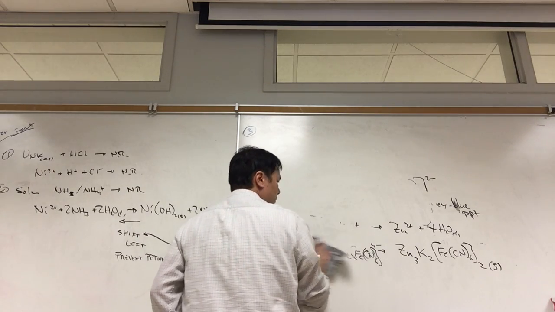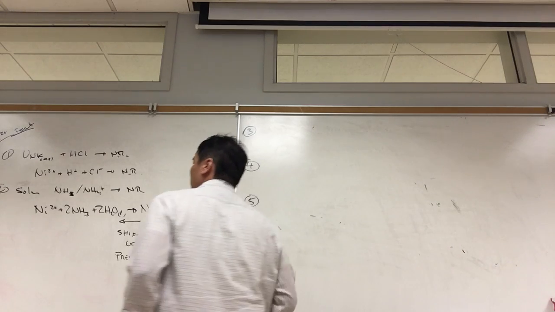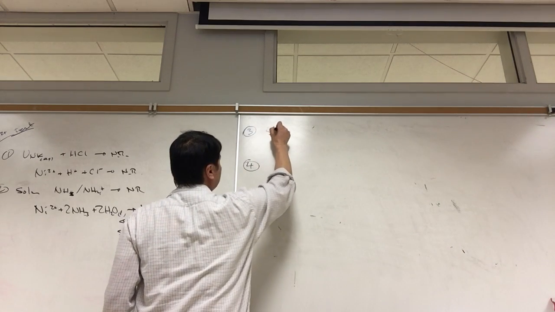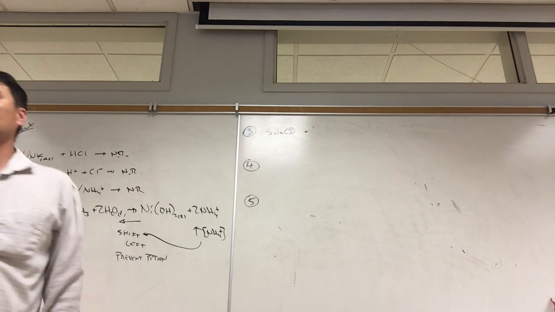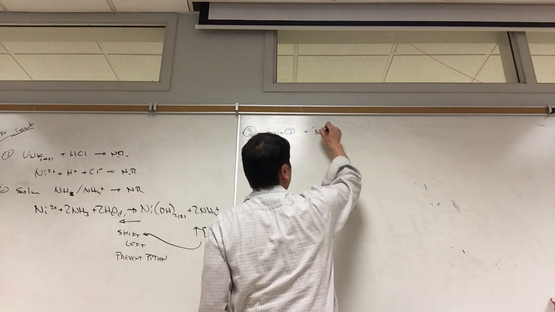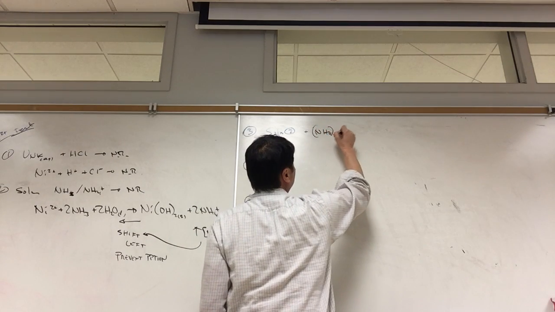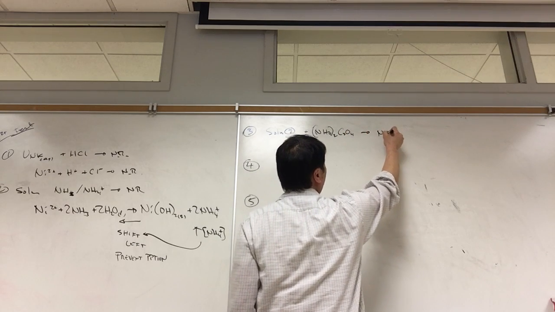All right, then with this nickel 2+, what are we going to do? So we'll take the solution from 2 and add what to that? Ammonium oxalate. And we get an NR again.